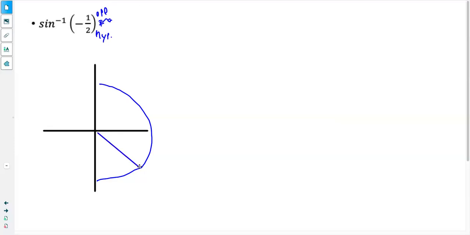So therefore, we know that that's positive 2, and our opposite would have to be negative. So therefore, it would be this angle here. And we should recognize that as pi over 6, or a reference of pi over 6 giving us an angle of negative pi over 6.